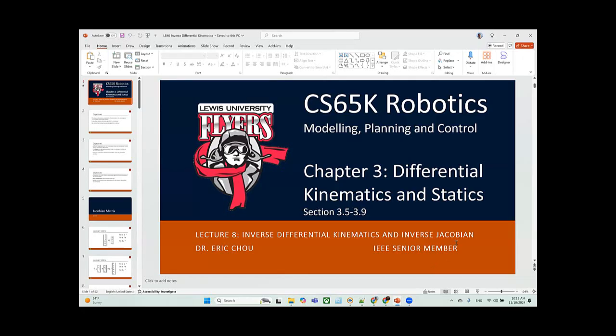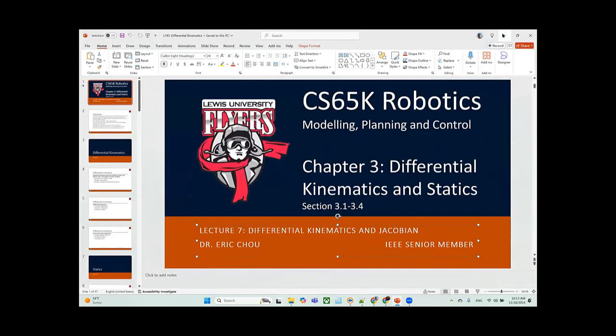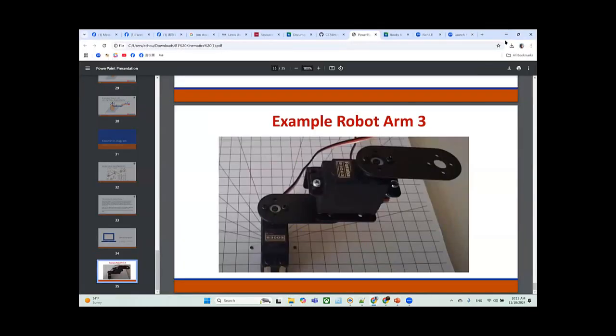Again, we have these dark blue slides that focus on the graduate school study, but we also have the many labs that are covering the basic, undergraduate part.